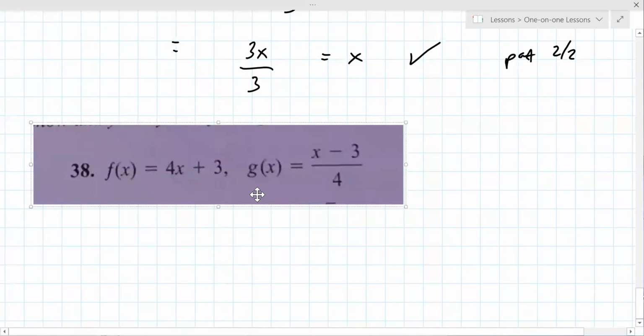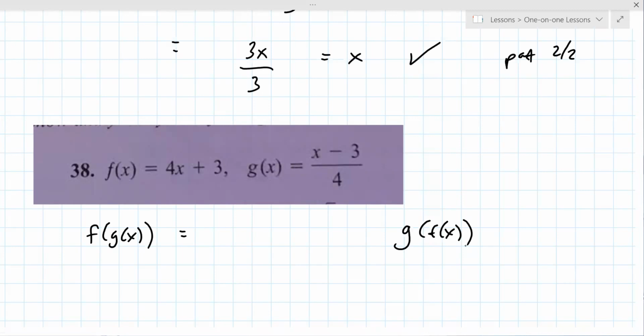All right. f of g of x. They are inverses.